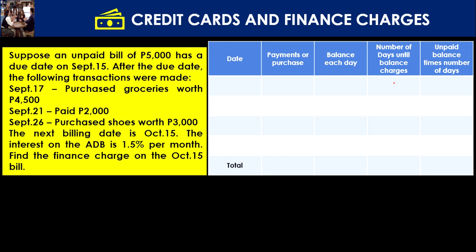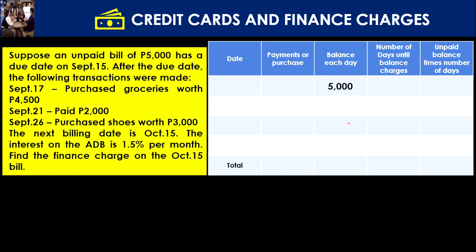Initially, in our situation, we have an unpaid bill of 5,000, starting with the date September 15. Since we're after the average daily balance, we look at each day. Starting September 15, you have a balance of 5,000.